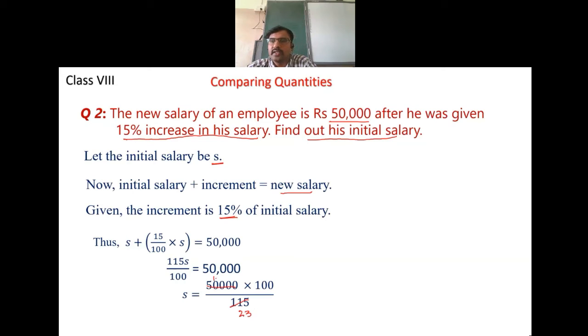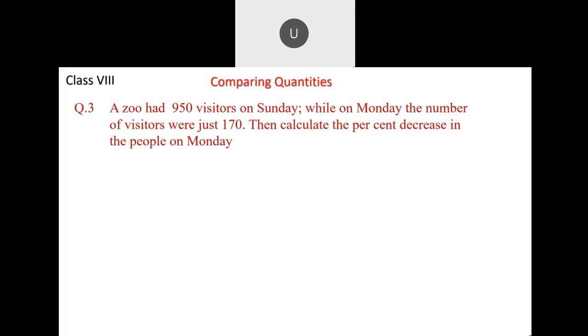This will be 1 followed by 4 zeros. Further, it cannot be divisible. So the rough value we calculate comes out to be 43,480. Therefore, his initial salary is 43,480.